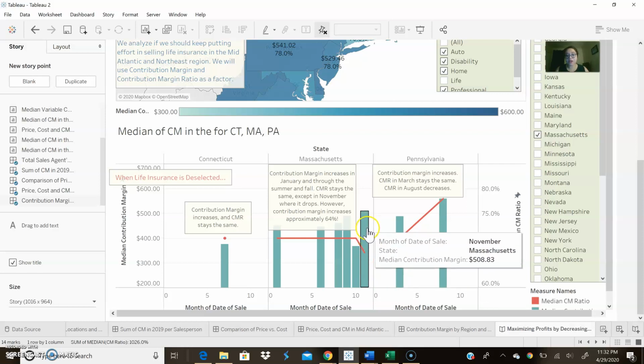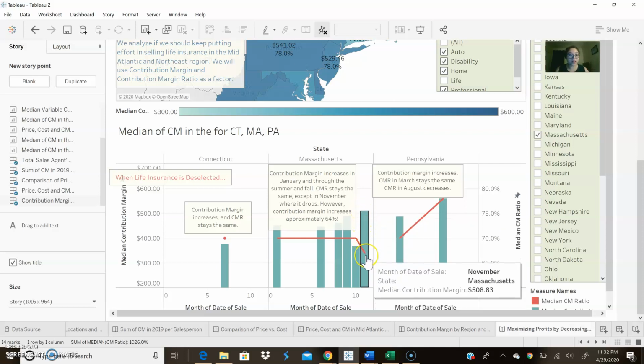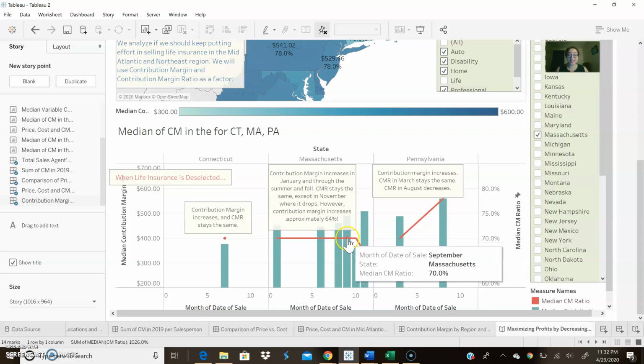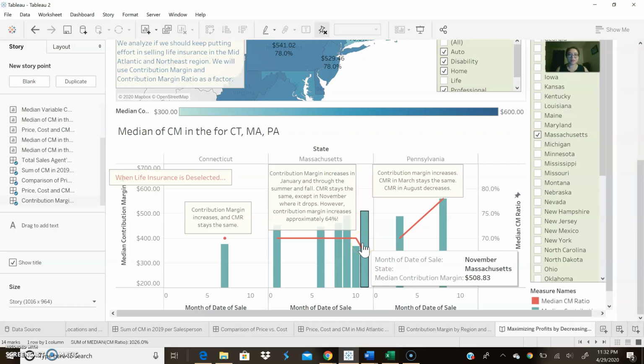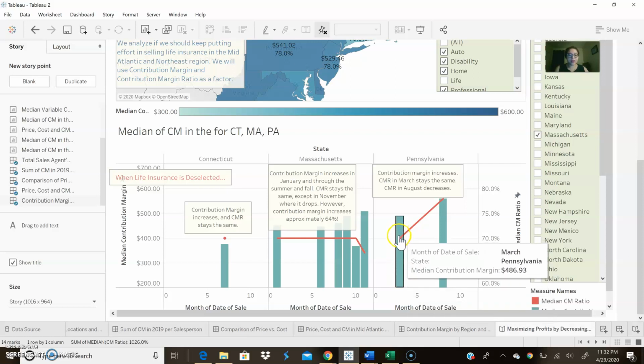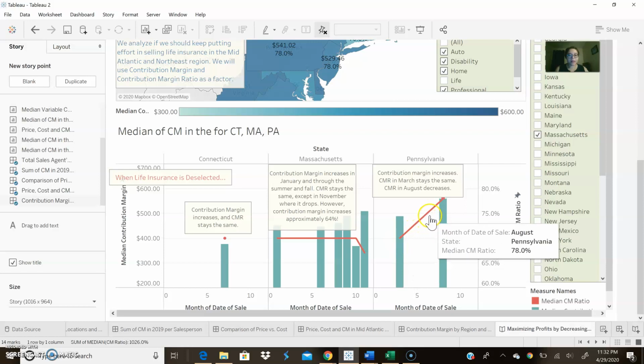However, the contribution margin for November increased 64%. So even though our contribution margin ratio dropped, our contribution margin for November increased a lot. So that is probably a consideration we should think about. And also our contribution margin increased for the month of March in Pennsylvania. However, the ratio stayed the same.